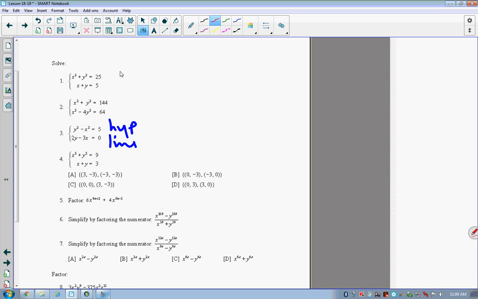So I'm going to get an equation where y equals 3 halves x. Okay? So now I can come back into this top equation. I can say 3 halves x squared minus x squared equals 5.